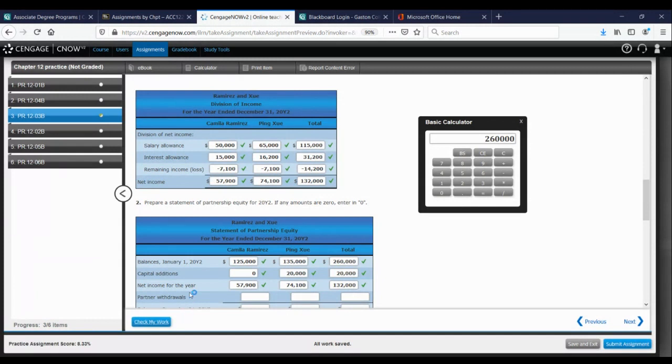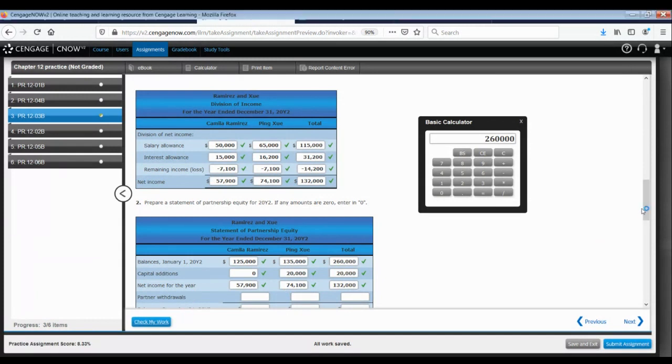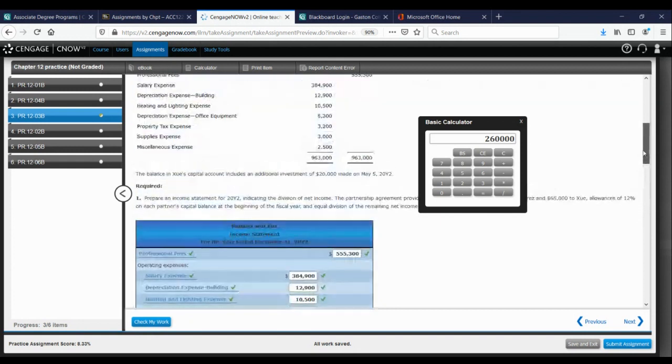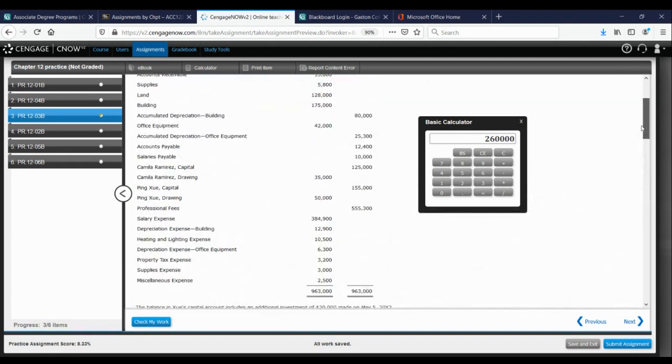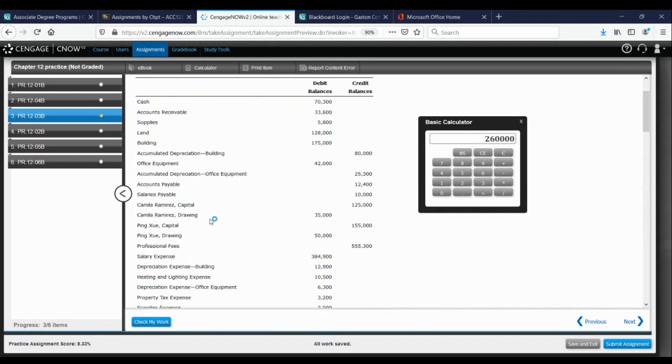Then we have to look for the partner's withdrawals. In the list of accounts that they gave us, you can see that each partner had their own drawing account. Ramirez's drawing account was 35,000.